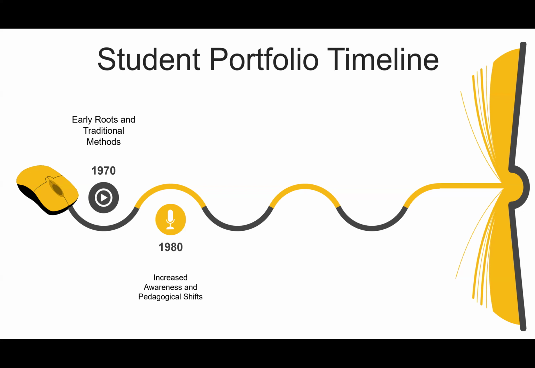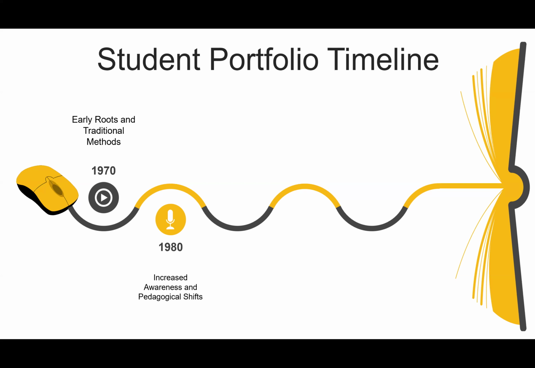student-centered learning. In the later part of the decade, the use of portfolios began to spread beyond the visual arts and performing arts into more general educational contexts. They were seen as a way to assess student growth over time, particularly in writing and language arts.